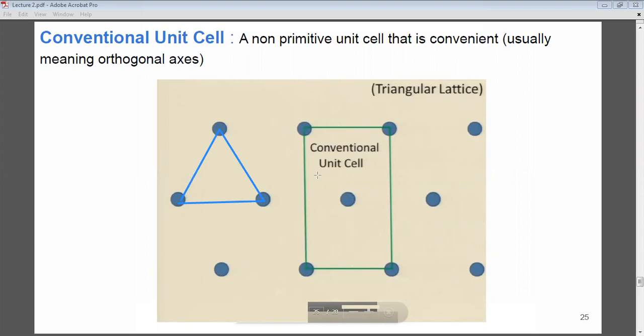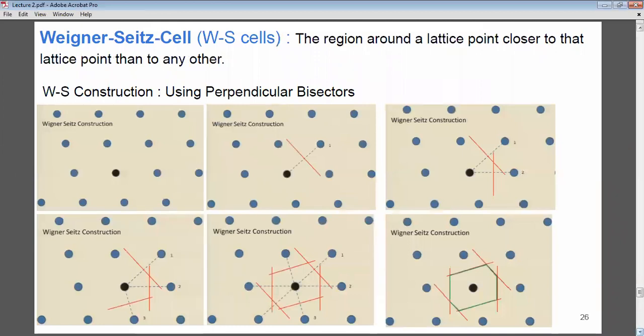Okay, let's move forward. Another important cell is the Wigner-Seitz cell. It's the region around a lattice point closer to that lattice point than to any other.